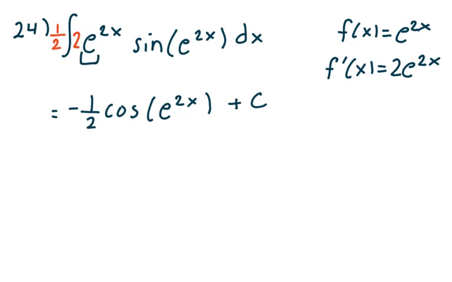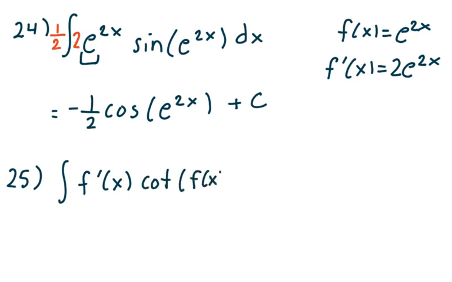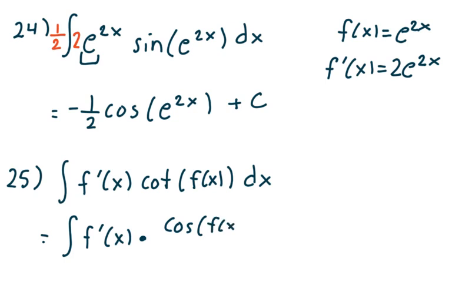And then, I keep saying it's the last one, but I want to give you the answer to problem 25. So if I have the integral of f prime of x cotangent of f of x dx, can we agree that this is the integral of f prime of x times cosine of f of x divided by sine of f of x dx?